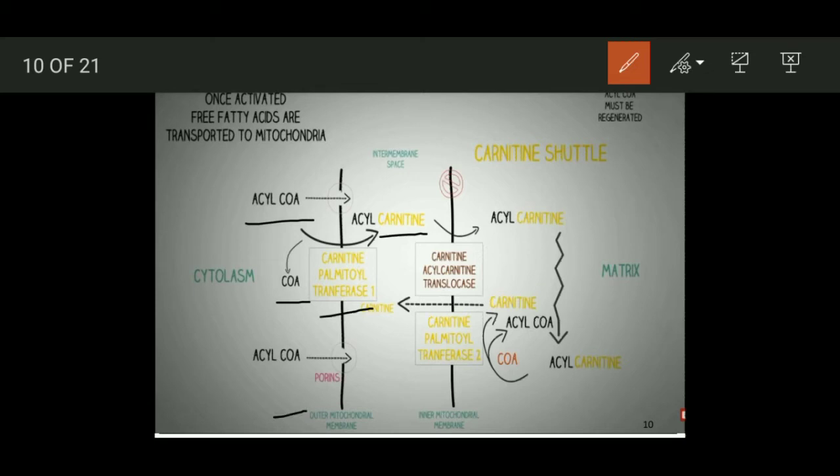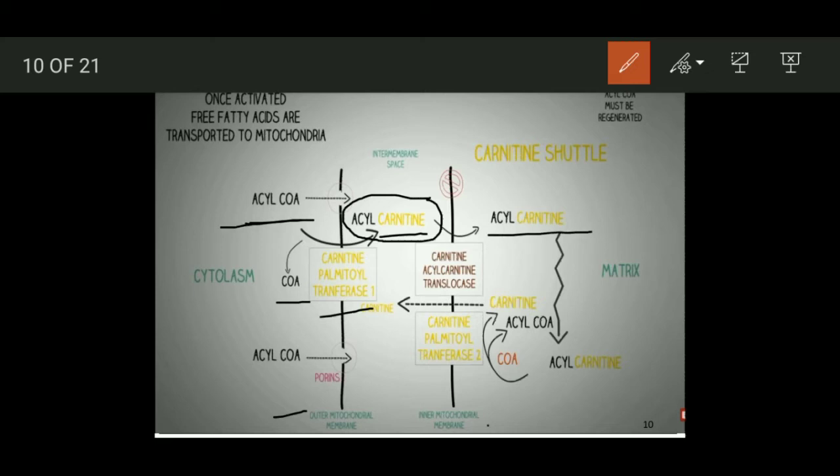Then this acyl carnitine can easily enter into the matrix through the inner mitochondrial membrane, which assists the acyl coenzyme A to enter the matrix in the form of acyl carnitine. But actually we need acyl coenzyme A, correct?